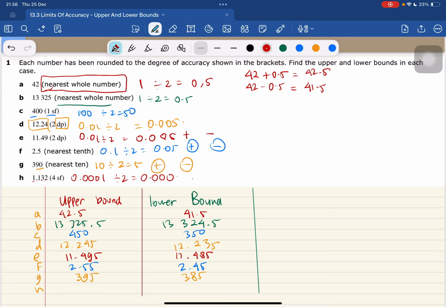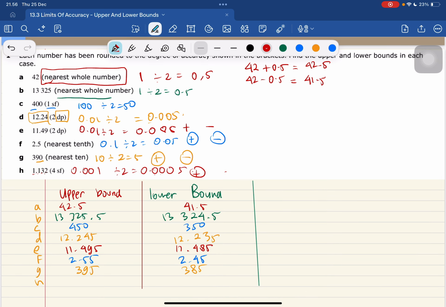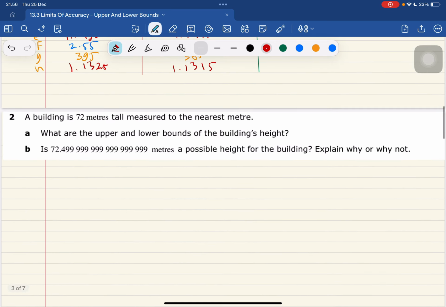Plus for upper and minus for the lower bound. So it's going to be 1.1325, while for the lower bound we minus it, so 1.1315.